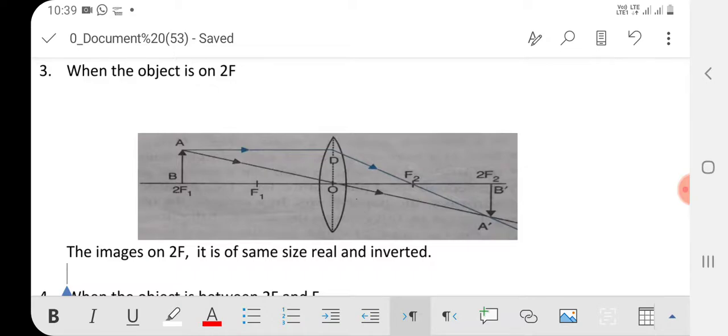Second is the parallel ray of light, which after refraction through the convex lens passes through focus. Where this ray of light passing through focus and the ray of light passing through the optic center meet, their image is formed. So the image is formed at 2F. It is of the same size as that of the object, it is a real image and inverted.